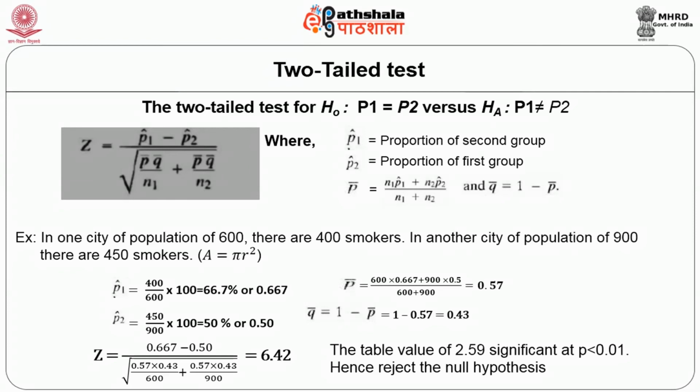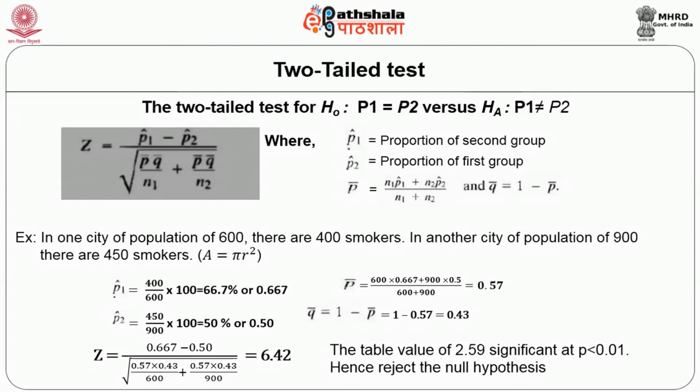Therefore, to test the difference between two populations, we use the Z test, the formula being P1, the proportion of the first group, minus P2, the proportion of the second group, divided by the square root of PQ into 1 by N1 plus 1 by N2. P is the pooled proportion of the two groups. That means P is N1 P1 plus N2 P2 divided by N1 plus N2, and Q is 1 minus P. This is the formula for finding the difference between the two proportions, which we call a Z test.